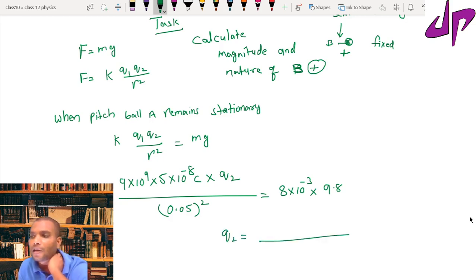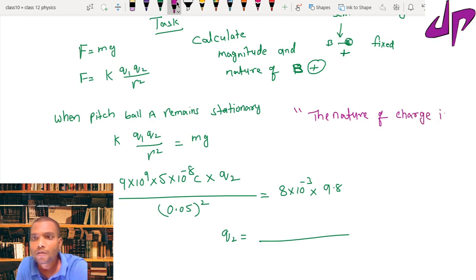That will be the end of the problem, the magnitude and the nature of the charge. I won't give this answer, so that you do it yourself by doing the calculation. So here the nature of the charge is positive, that's sure, and you can calculate the magnitude.